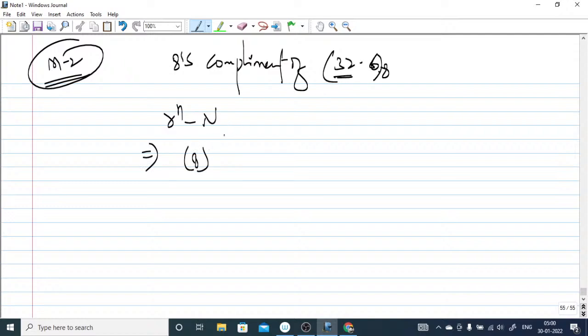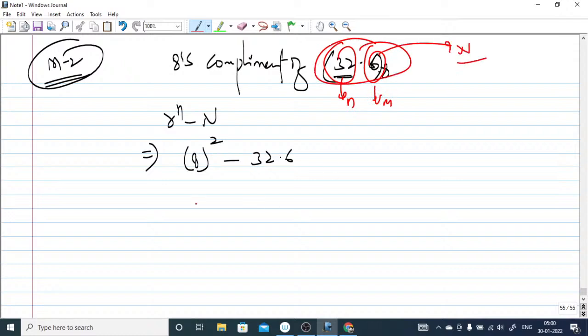How many digits are there? There are 2 digits, minus the capital N, that is 32.6 itself. This guy denotes n, this guy denotes m, and total denotes capital N. So this will give you 64 minus 32.6, so it will give you 45.2. The base is 8, remember.